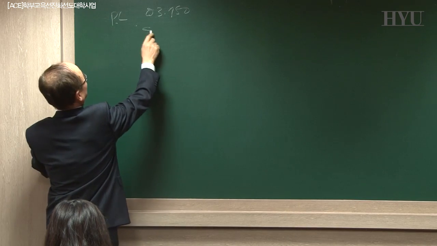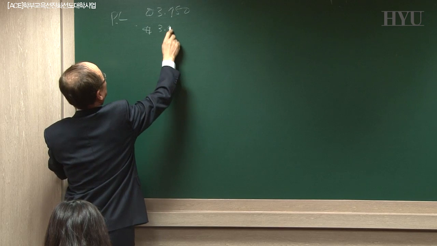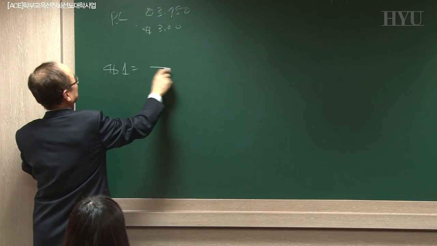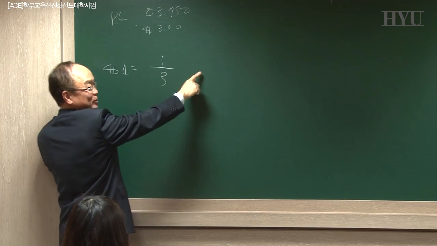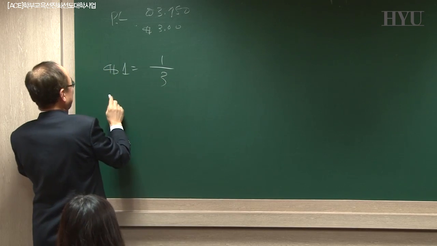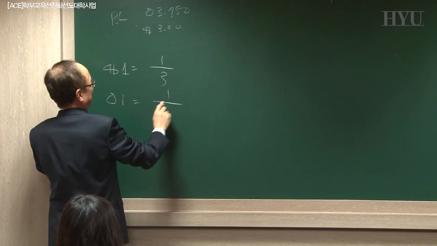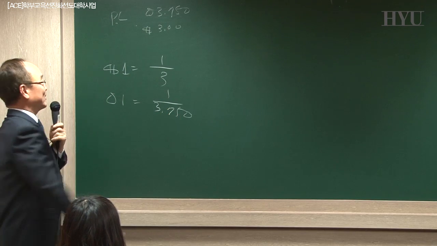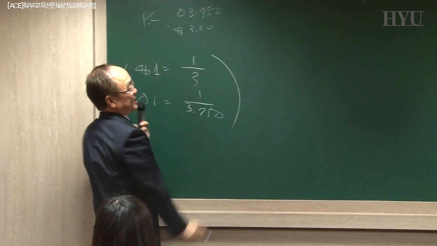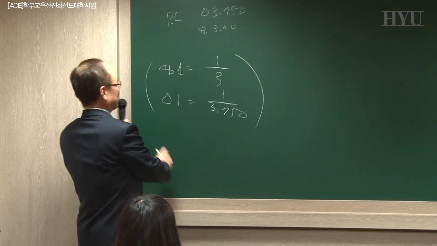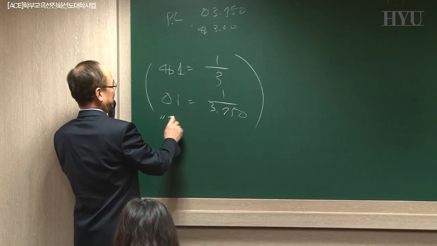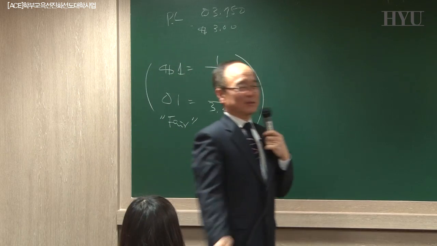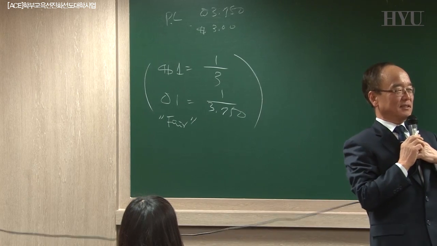So then $3. So the value of how much is this? 1 over 3, right? Representative product. And how much is this? 1 over 3,750, right? So from these two pieces of information, we can easily calculate, as I say, fair. Is the word fair? Is the real world fair?